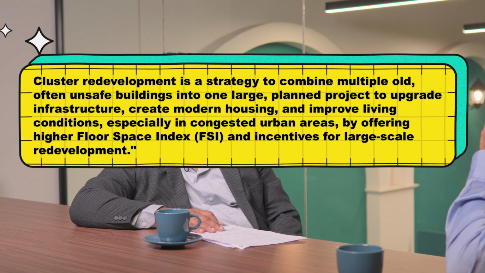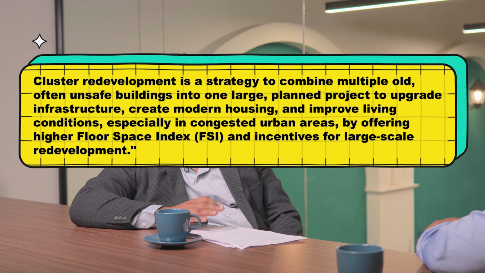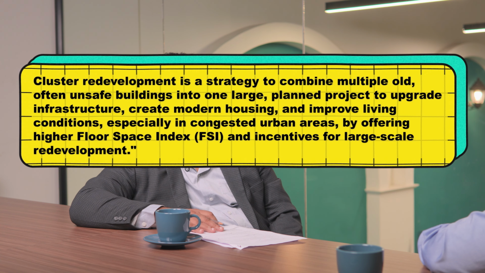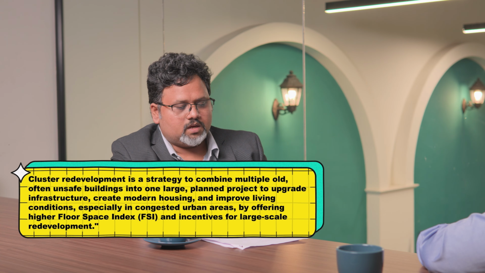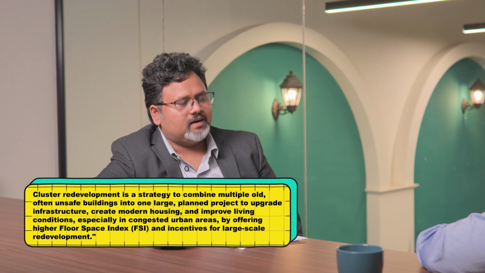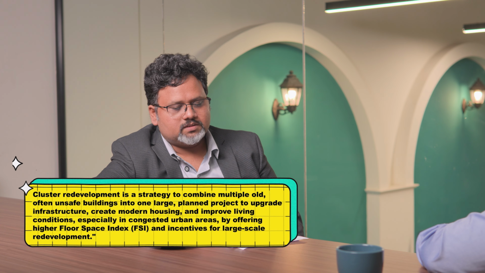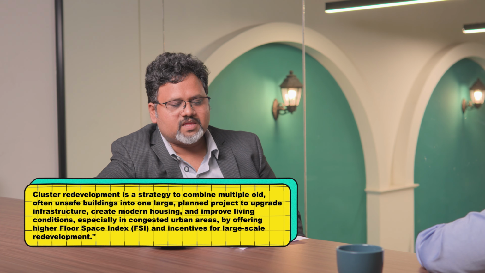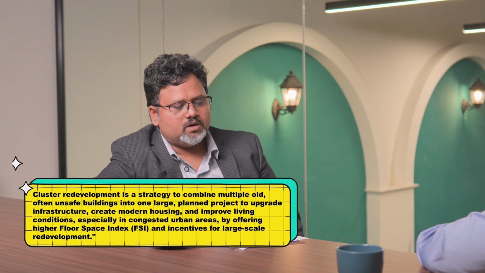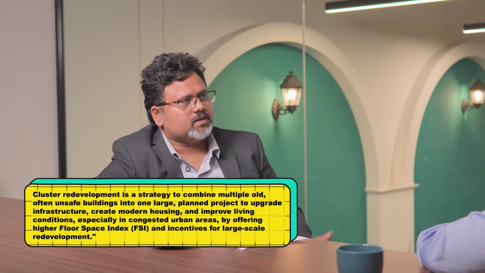So there are, of course, societies, but nowadays we also come across cluster redevelopment schemes. If I can ask you, what are the technical and regulatory triggers that push a project from standalone society redevelopment to a full-fledged cluster scheme?